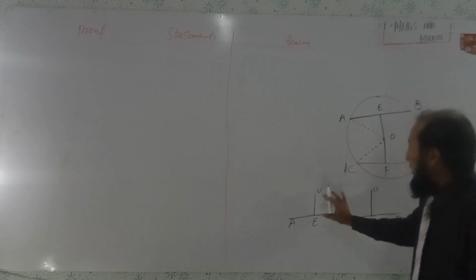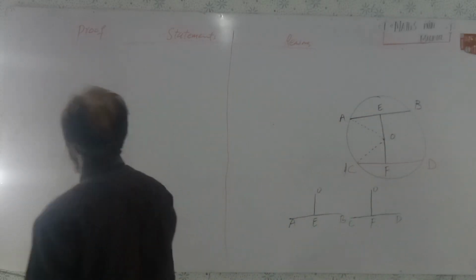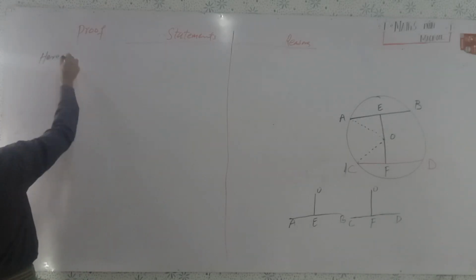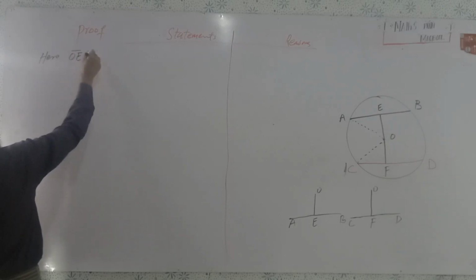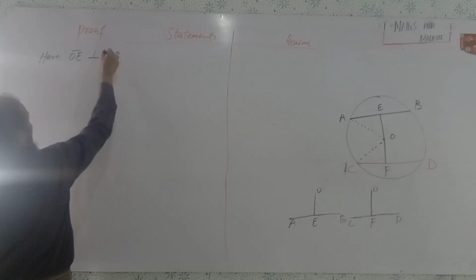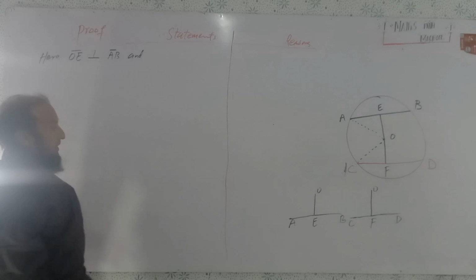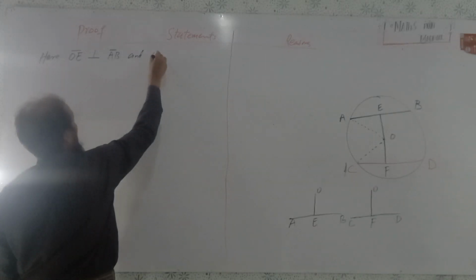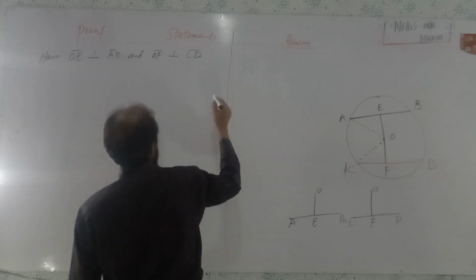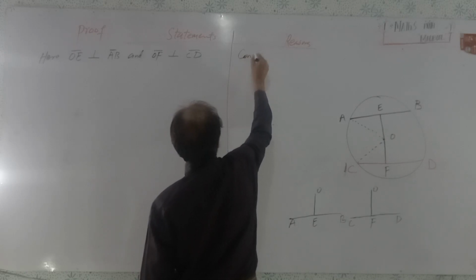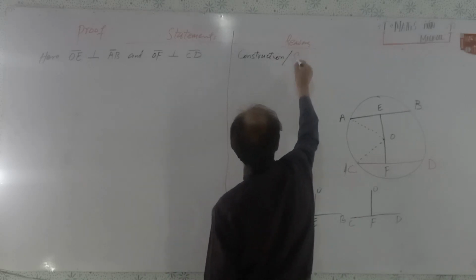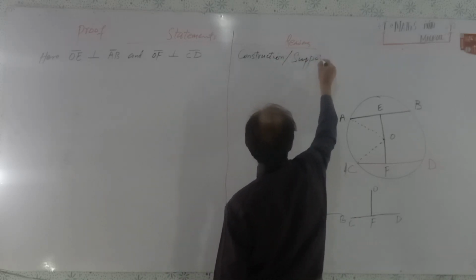According to the perpendicular condition, OE is perpendicular to AB, and similarly OF is perpendicular to CD. That we have already discussed. And construction means we have already made the suppositions.